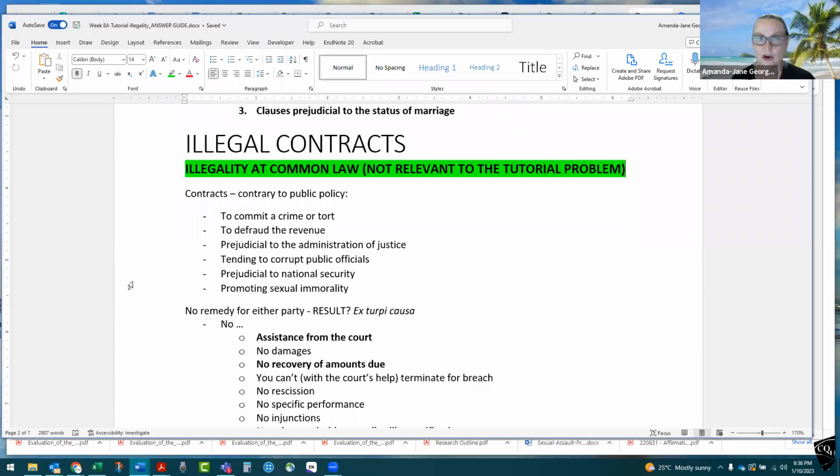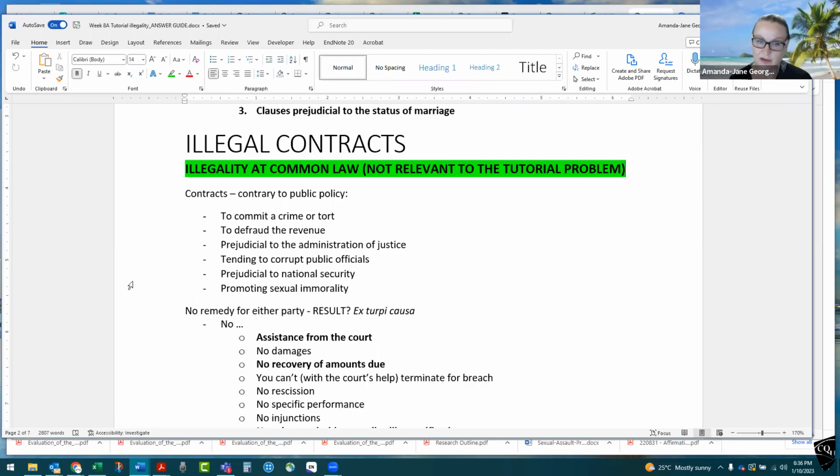So this is contrary to public policy, and contracts that are contrary to public policy will be illegal, and therefore they will have the consequence of ex turpi causa. Okay. So there's the ragtag bunch of elements there that will cause a real problem for you if you have them in your contract.